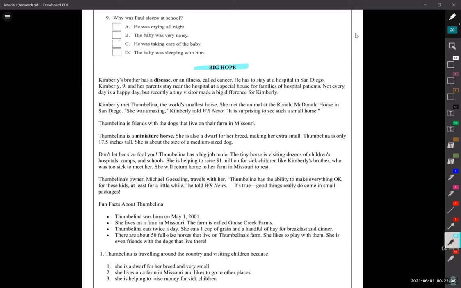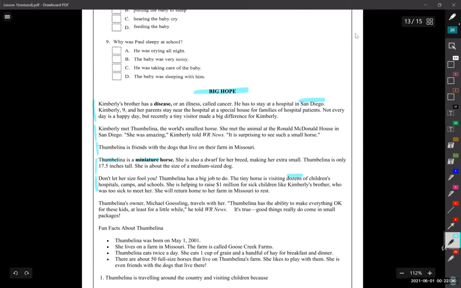For this one, if you're teaching a group class, what we would like to do is have each student read a fair amount of sentences so that everyone gets a chance to speak, and do help them a little with some of the harder words to pronounce. For example, miniature, Thumbelina, or maybe dozens, or San Diego over here. So do help them out a little with reading, especially if they're new to this.